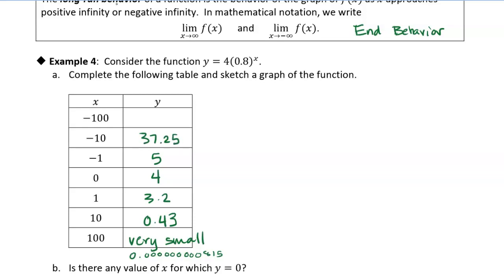If we try to put in a negative 100, it essentially becomes 4 times 10/8 to the 100th power. The negative just flips the 8/10 to 10/8. It becomes a very, very large number. You can try putting it in your calculator to see you'll get a big number. So I'm just going to write very large because I know I'm not going to be able to graph it.